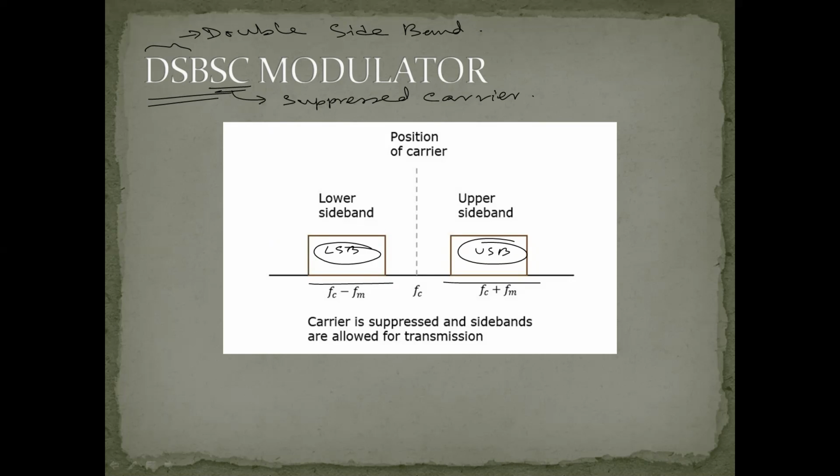The lower sideband I can write as FC minus FM, where FC is the carrier frequency and FM is the modulating frequency. And the upper sideband is FC plus FM. So this is known as double sideband suppressed carrier. The entire carrier signal is suppressed in between this double sideband.